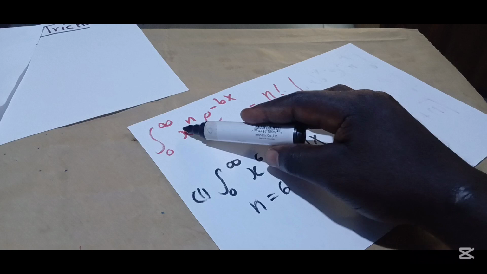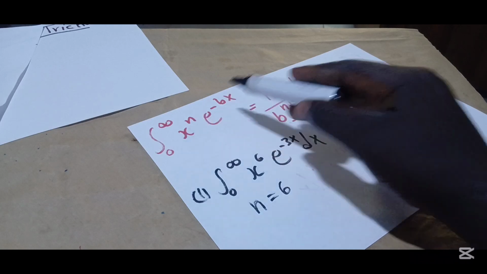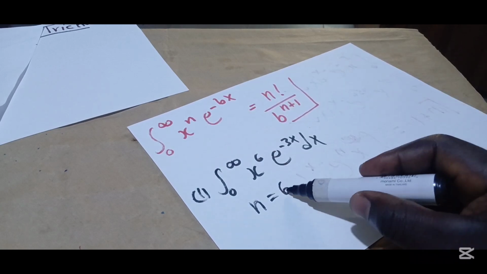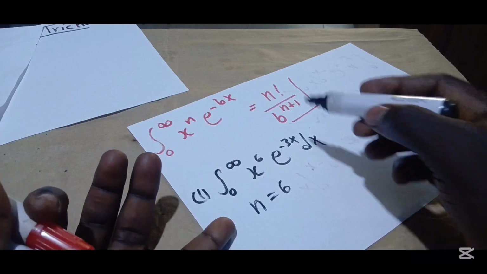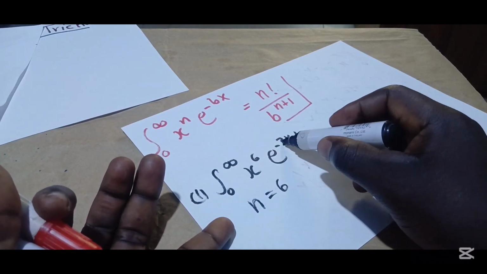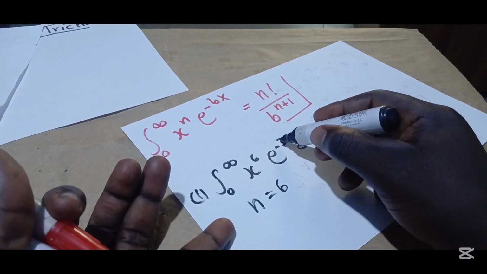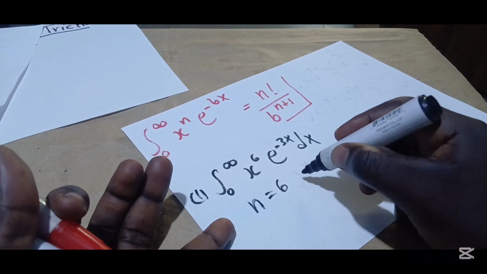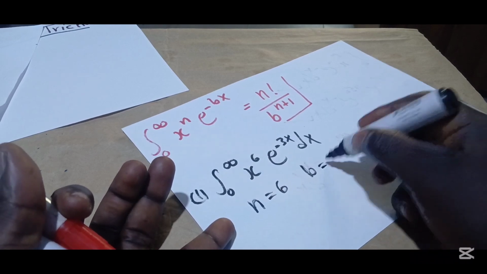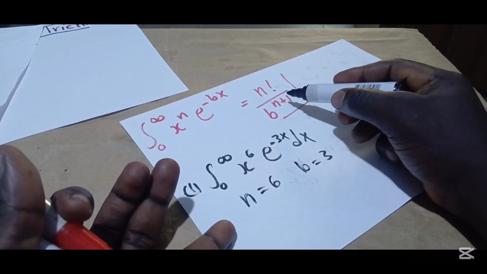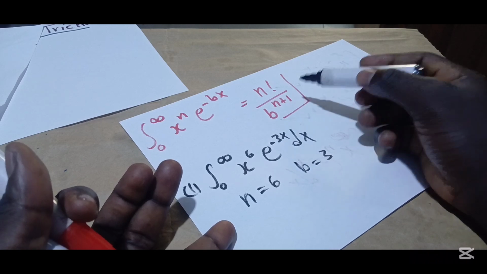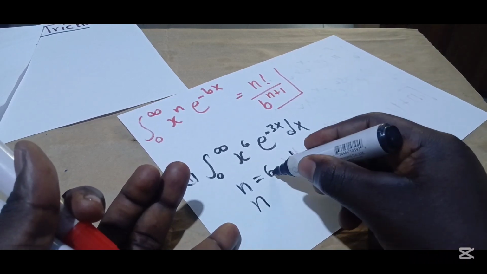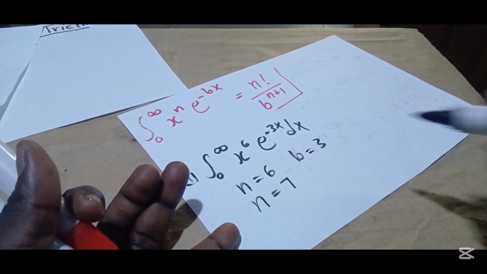The power of the variable, whether x or y, gives us n. So our b here is 3, not negative 3, but 3. So b equal 3. We also have to look for the value of n plus 1. So n plus 1, n is 6, plus 1 will give us 7.